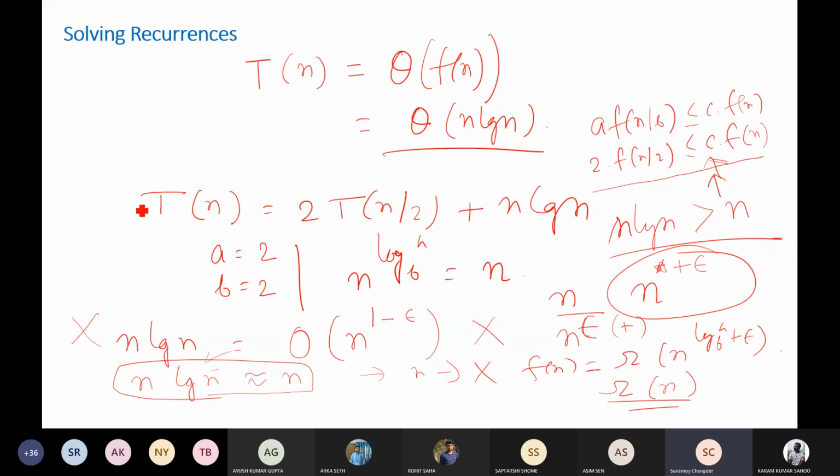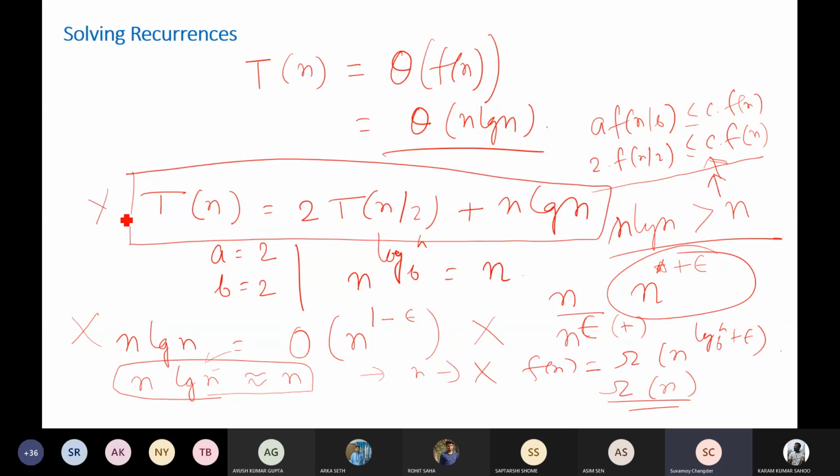Therefore, we can conclude that though we can find the solution by applying the master method for most of the recurrences, there are some recurrences where the master method cannot be applied. In that case, we have to go for either the substitution method or the iterative method.